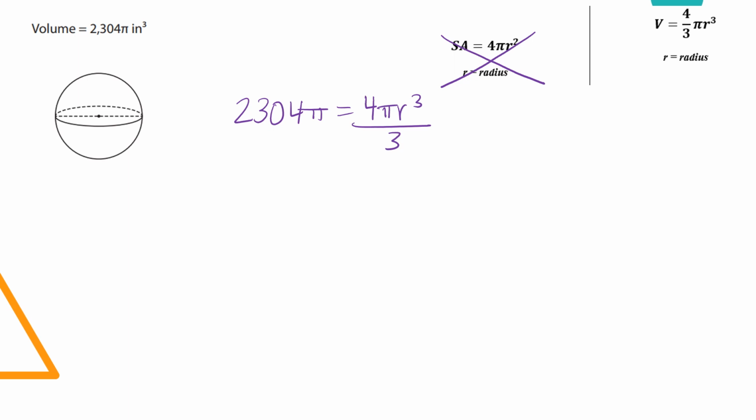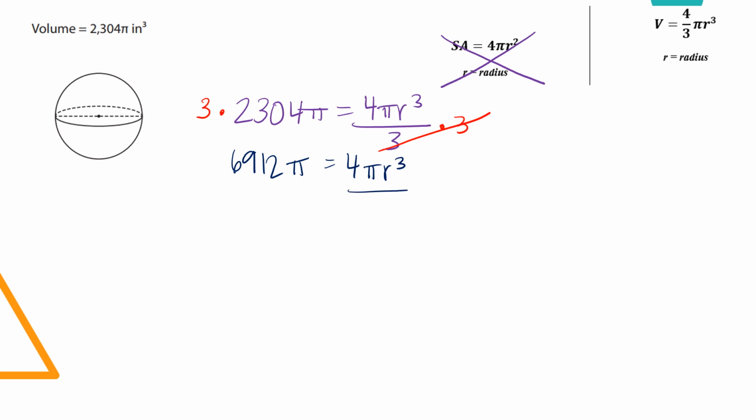If you remember back to algebra and solving equations, the first step is to get rid of the fractions. So we're going to multiply both sides by 3. When we multiply 2,304 by 3, we get 6,912 pi equals 4 pi r cubed.